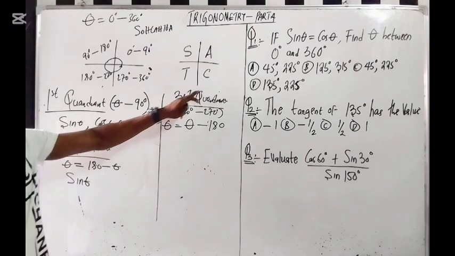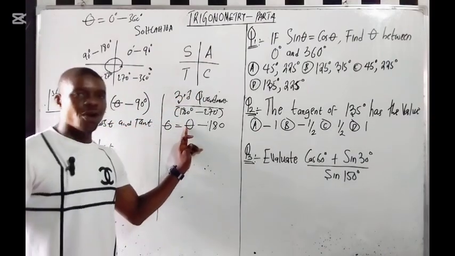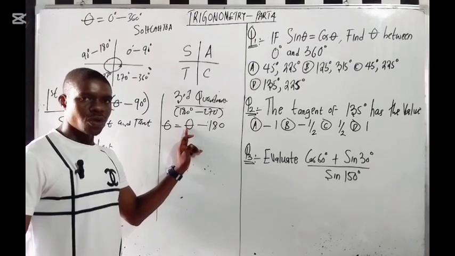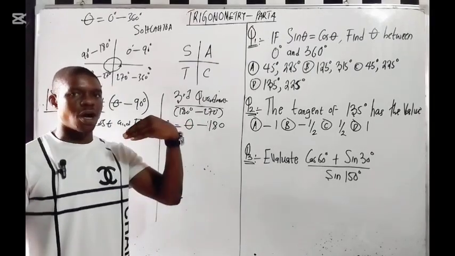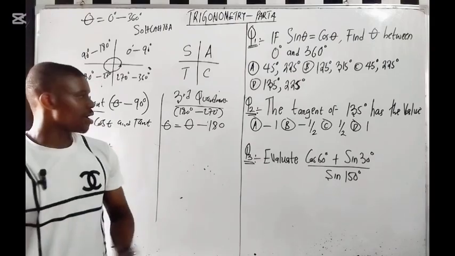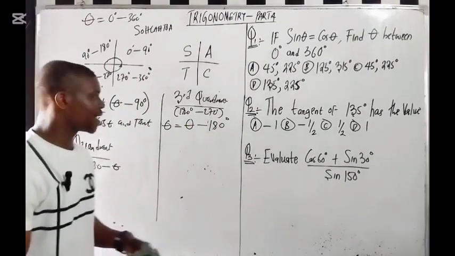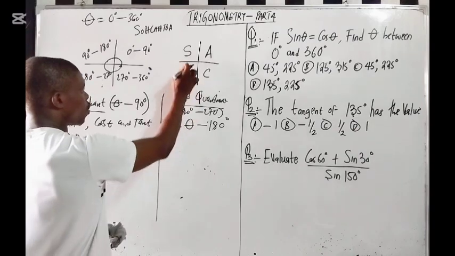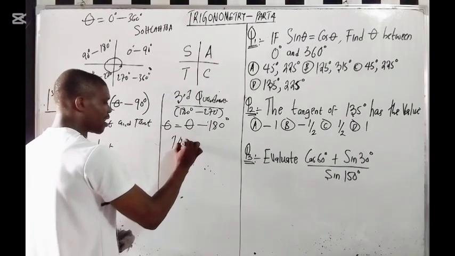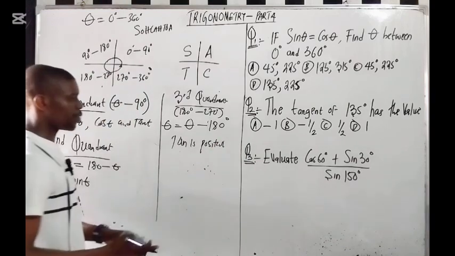So if you want to get the angle in the third quadrant, which is going to be from 181 to 270, it's going to be the angle minus 180 degrees. You get the angle. So in the third quadrant, only tan is positive.